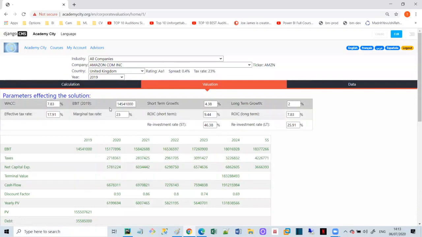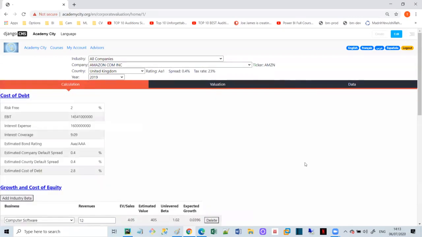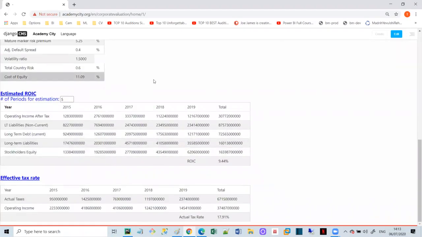Okay, so that's what you do in explaining the effective tax rate, and then you move on to the next one, return on invested capital, like 9.44. How did we get that number? Again, you can take a screenshot of this one and explain the 9.44 based on an average of the last 4 years.